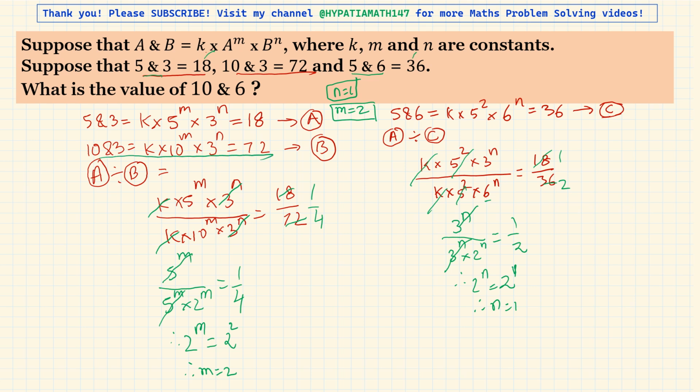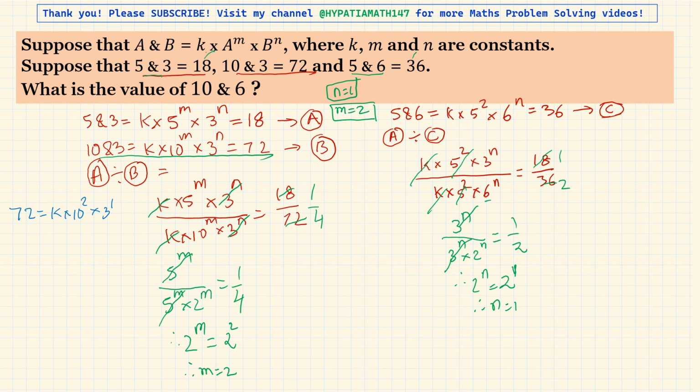So we can say 72 equals k multiplied by 10 to the power m. M is 2, 10 squared multiplied by 3 to the power 1.